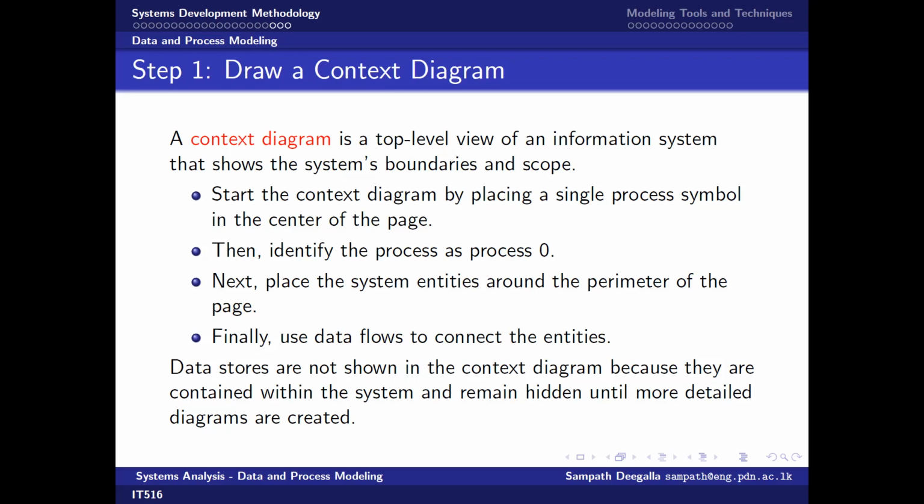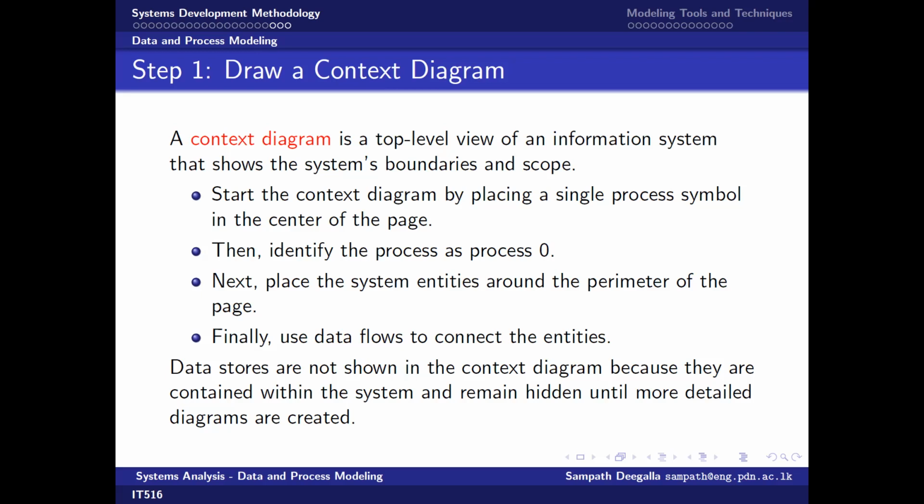So to start with, we will create only a single process under the context diagram. This single process we will use to indicate the whole system, and usually we use the number 0.